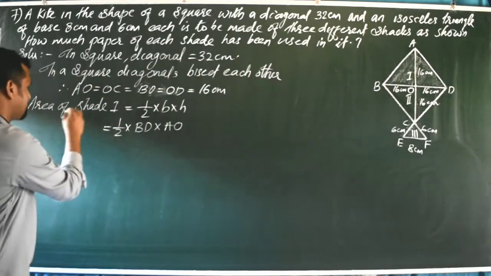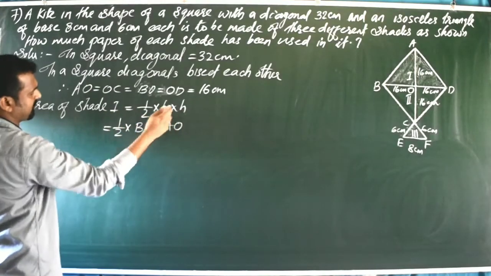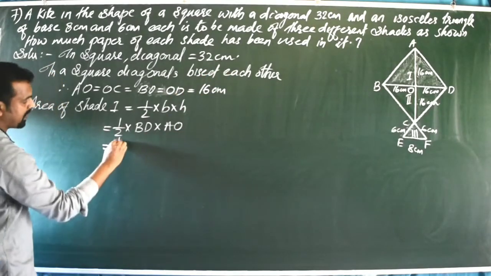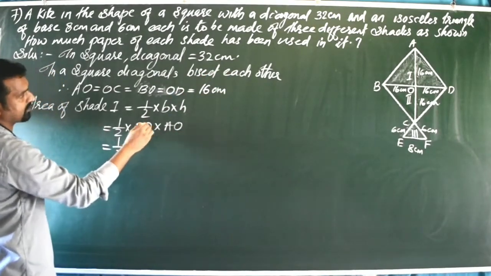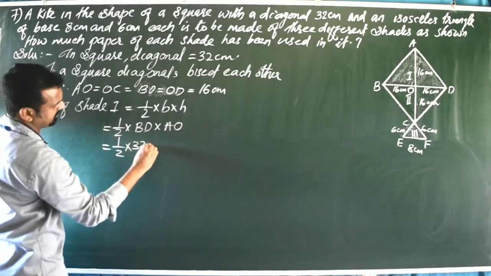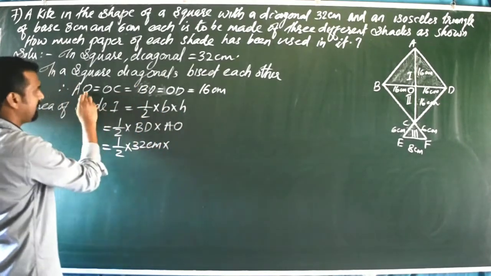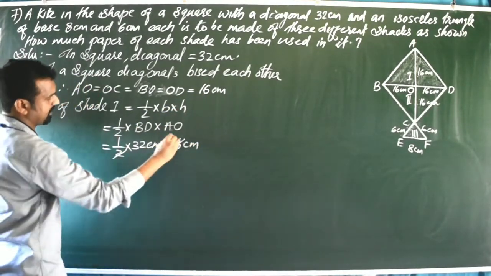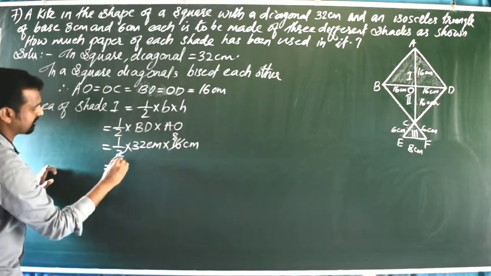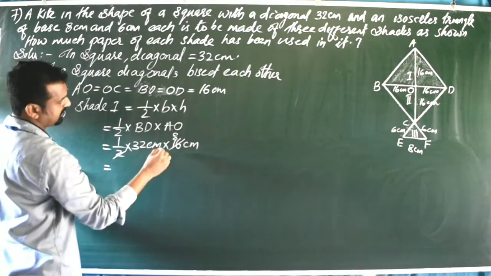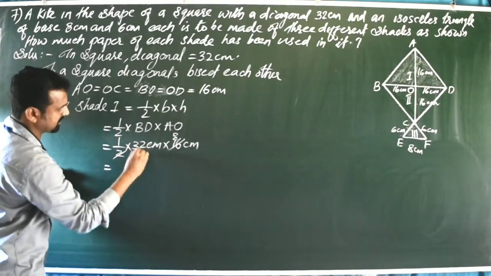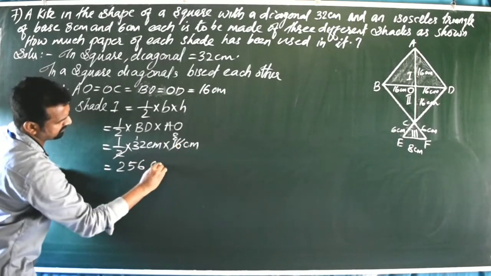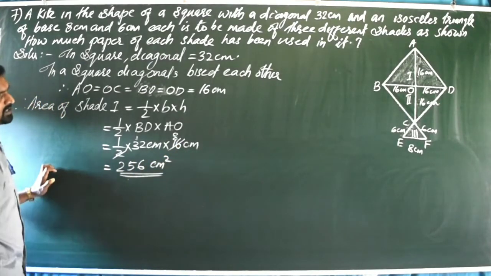So 1 by 2 into base BD, which is the diagonal, 32 centimeter, into AO is equal to 16 centimeter. Now divide it, 16 divided by 2, that is 8. Then that is equal to 32 into 8, that is 256 centimeter square. That is area of shade 1.